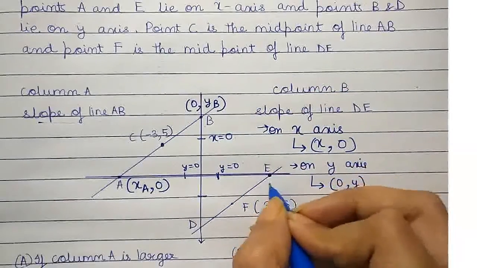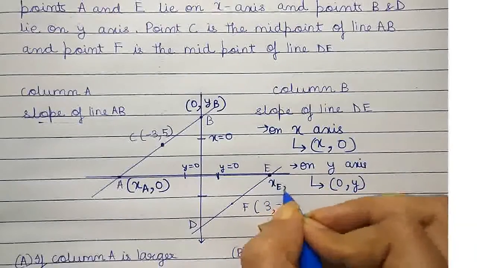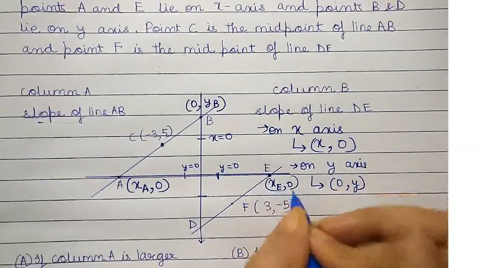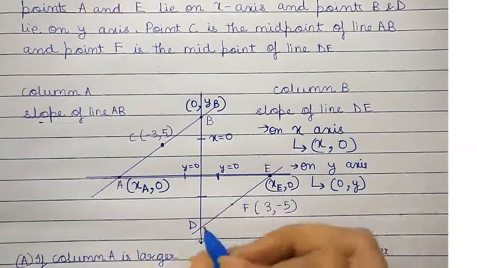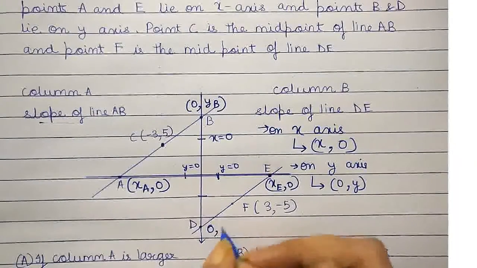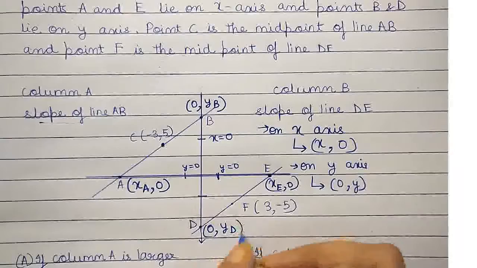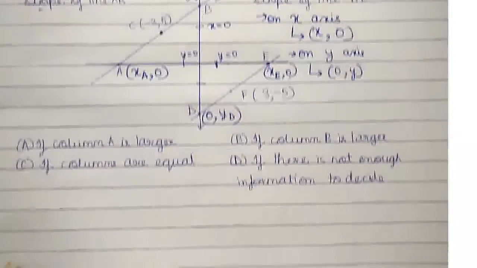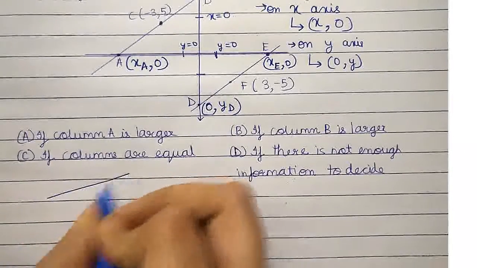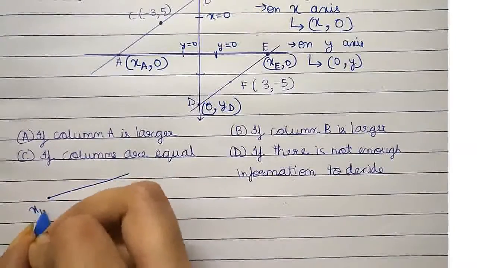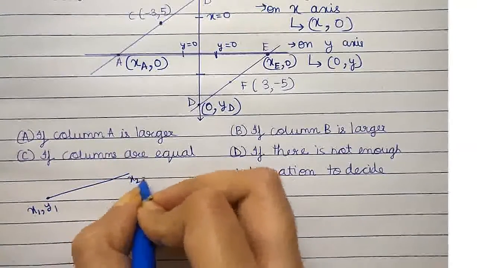Similarly, E can be written as xe, 0, since it is on the x-axis, and this D can be written as 0, yd.